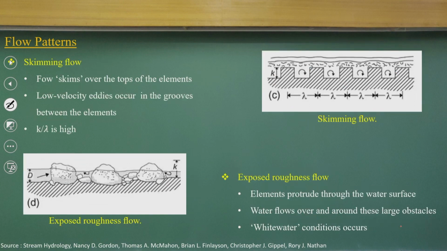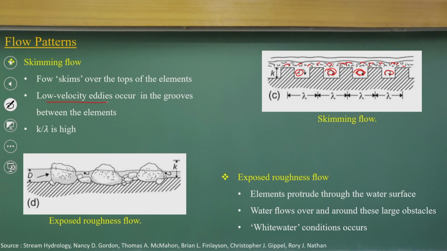Now, if you look at the next part, if you decrease lambda further, the flow will be like skimming flow. That means you will have zones where the flow does not have much eddy formation, but flows over.